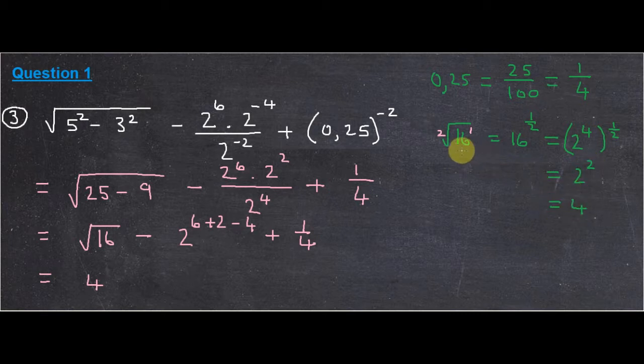This is getting the square root of 16 step by step by using the rules of exponents. But it's easier to just go straight to 4 over here. 6 plus 2 is 8, minus 4 is 4.